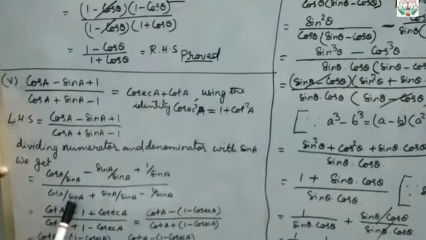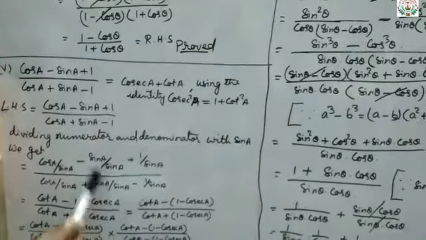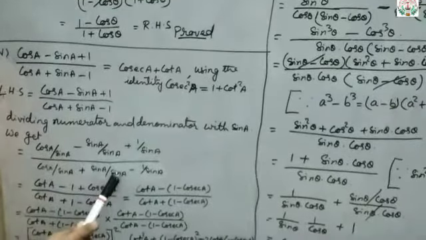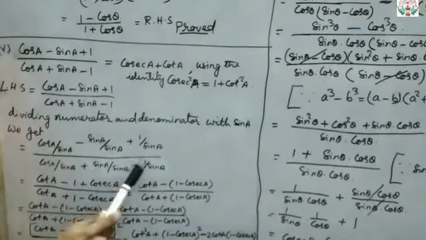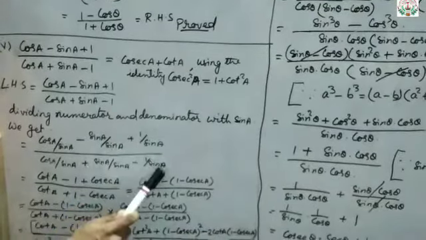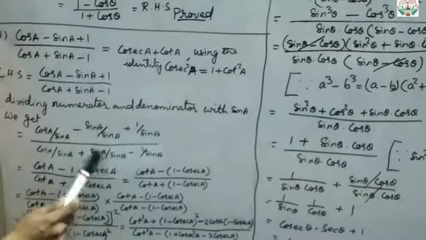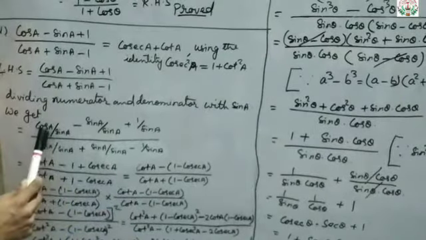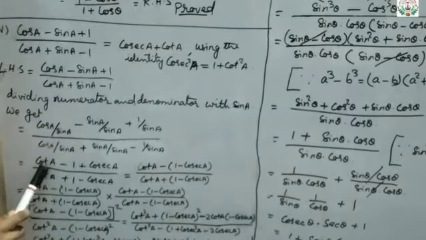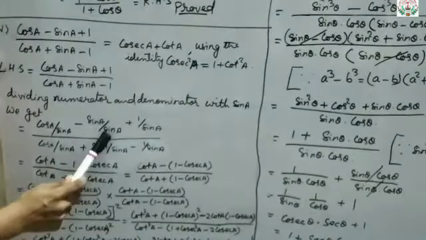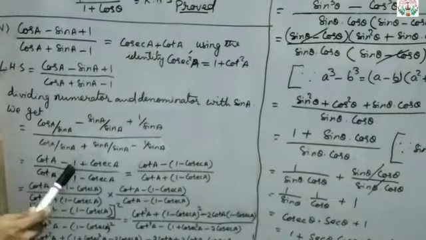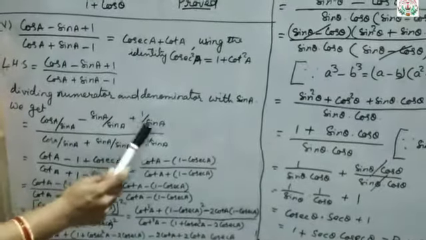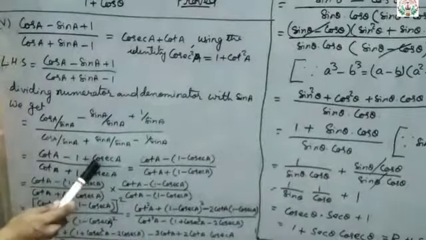Cos A upon sin A plus sin A upon sin A, then minus 1 upon sin A. Both numerator and denominator we are dividing by sin A. So cos A upon sin A will be what? Cot A minus sin A upon sin A will be 1. So that is 1 plus 1, reciprocal of sin A will be what? Cosec A.